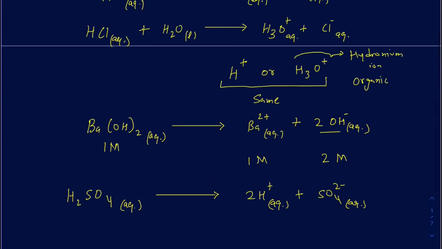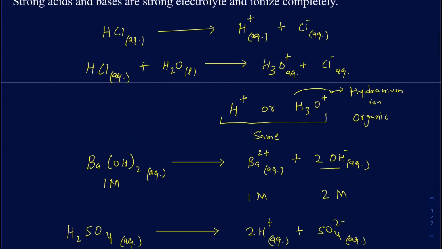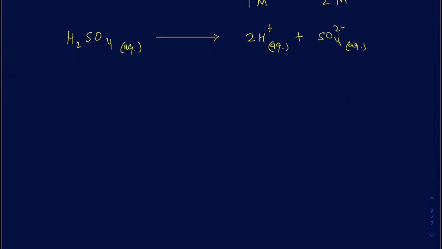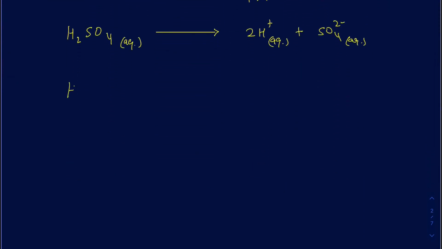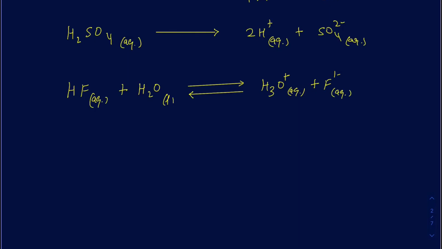When it comes to weak acids, I want to write down one example. Suppose I have HF aqueous, and I'm writing that with liquid water. Weak acids are not strong electrolytes; they are weak electrolytes, and they ionize partially. So they do make H3O plus aqueous and F minus, but they do not break all the way into the products.